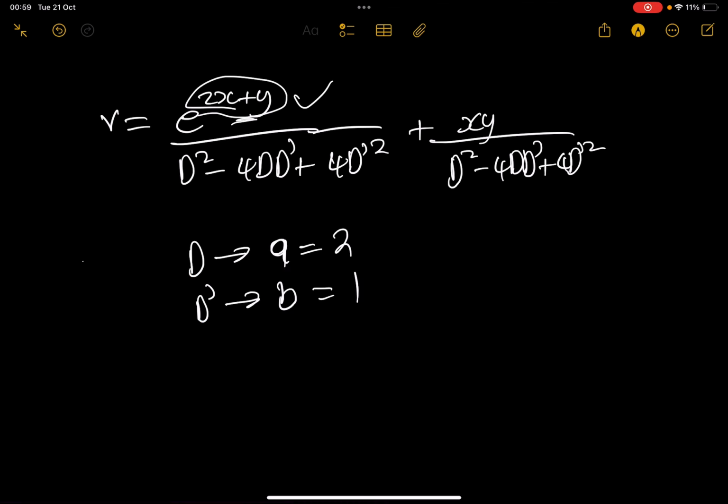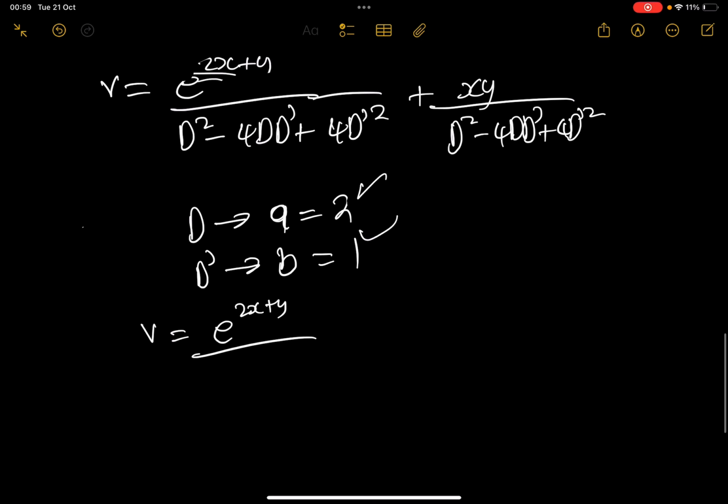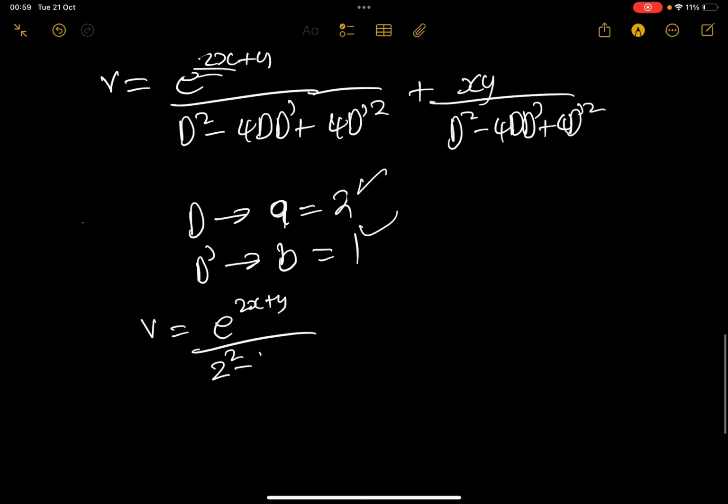Which means now we can work this out. We are going to substitute the denominator using these two values. So v is going to be e^(2x+y) over D squared, which is 2 squared minus 4 times 2 times 1 plus 4 times 1 squared.